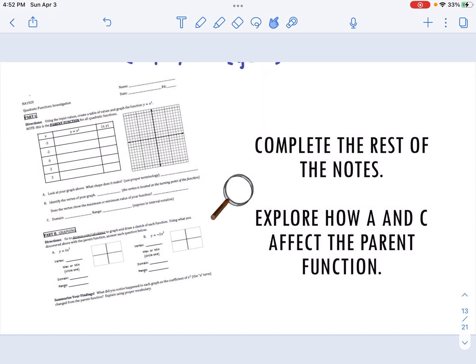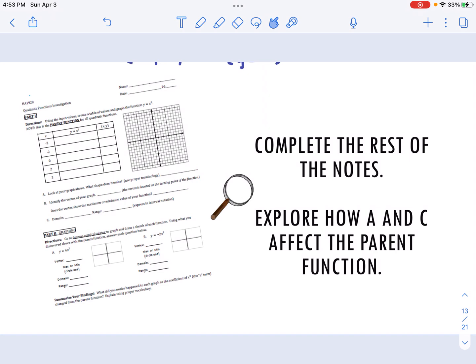Use what you discovered to answer questions regarding the a term and the c term. As you're thinking through all of these examples, really think back to how our a and c values affect our parent function. How is it transforming from the function that we just drew here? Once you're ready, pause the video and go ahead and complete the rest of your notes.